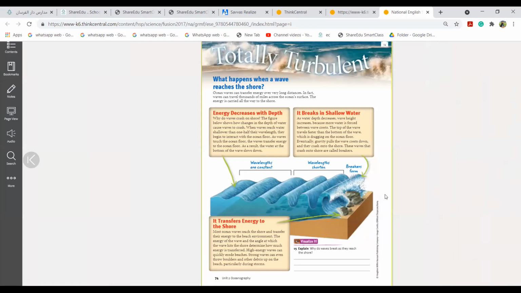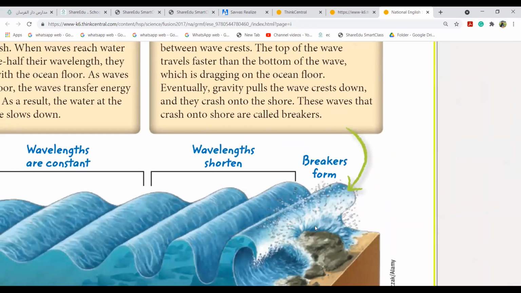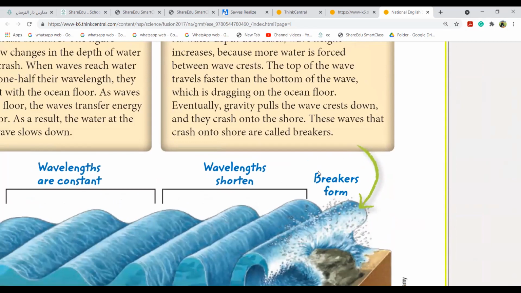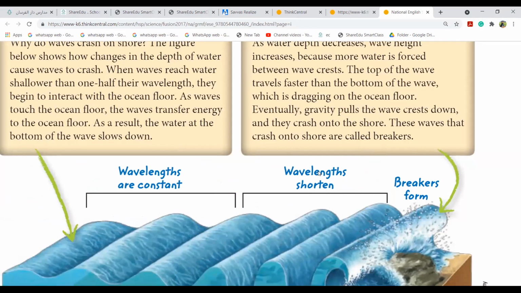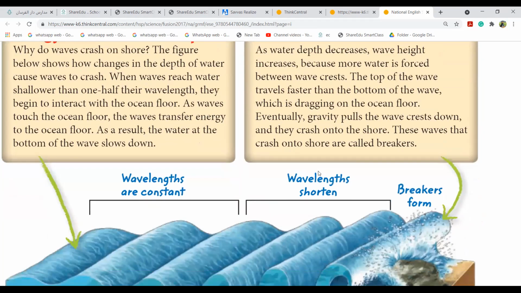What happens when a wave reaches the shore? By the time it reaches the foam and the shore, how do the breakers form, why do the waves stop, who stops the wave? Energy decreases with depth. As you know, as it is flowing wave by wave, finally the energy decreases and it breaks in the shallow water.